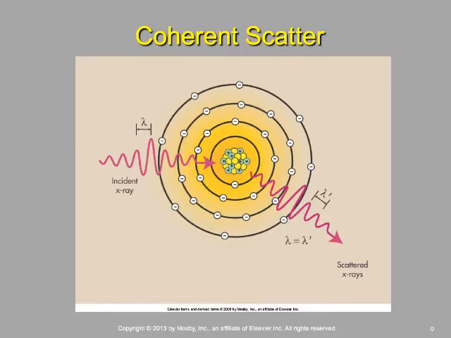They're called coherent because the energy of the incident X-ray is the same as the scattered X-ray. All that has changed is the direction. The atom, again, has not been ionized, and the photon retains its energy. It changes its direction. Okay? Again, this happens at very low energy ranges.